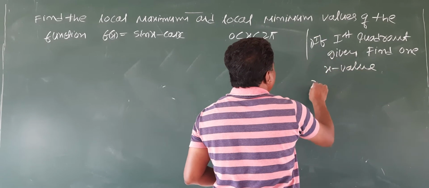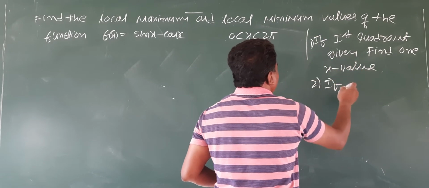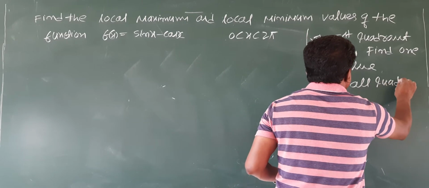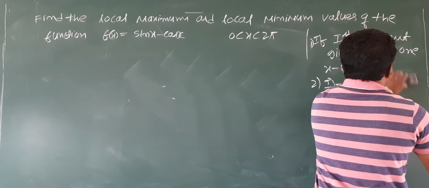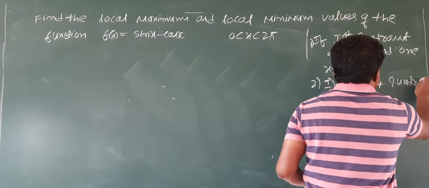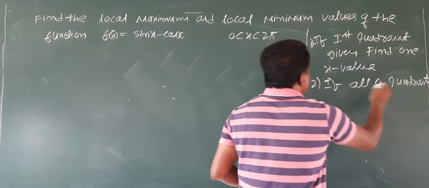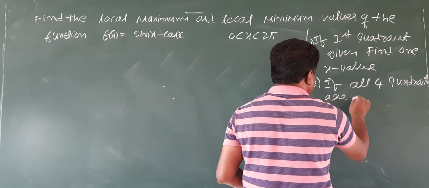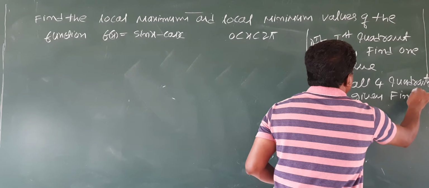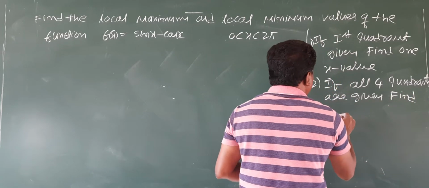Point number 2: if all 4 quadrants are given, find 2 x values.